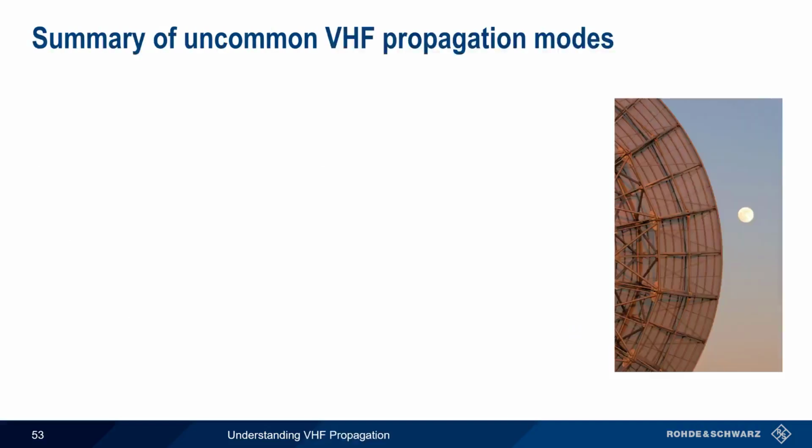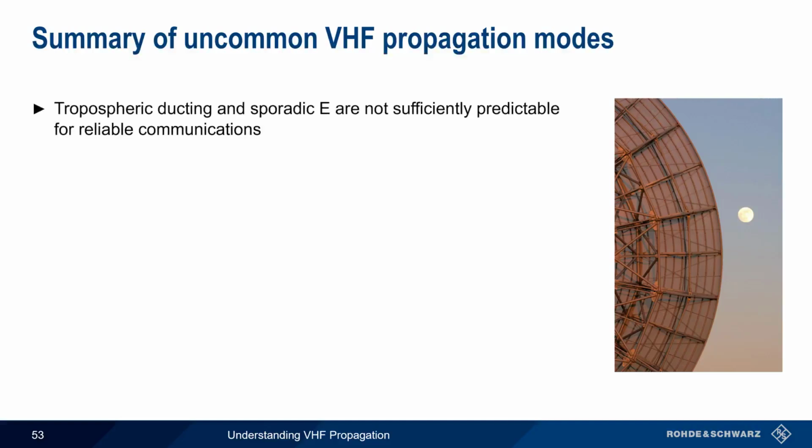Let's summarize these uncommon VHF propagation modes. Neither tropospheric ducting nor sporadic E are sufficiently predictable for use in reliable communications at VHF. Although openings do occur throughout the year, the number of openings between specific geographical endpoints is usually quite small, further reducing the effectiveness of these modes for VHF communications.